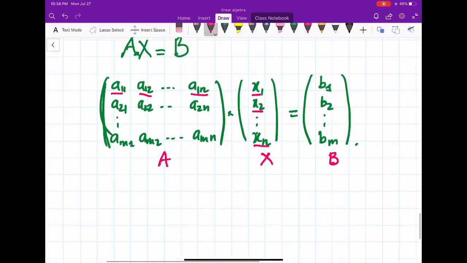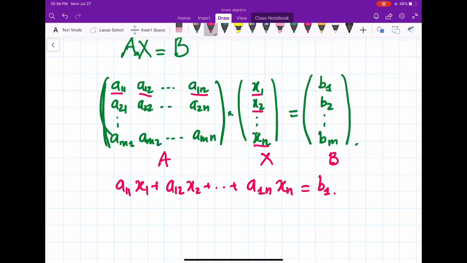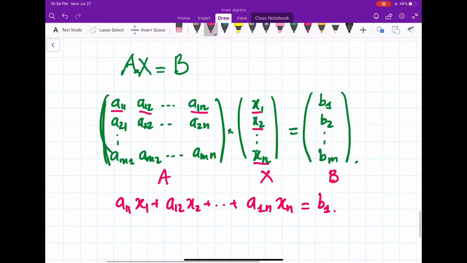You see this? Okay, let me write it down, right? The first equation, a11 x1 plus a12 x2 plus so on, plus a1n xn equal to b1. You see? So basically, you multiply this row with this column. Is that correct? And then you get b1. You see?